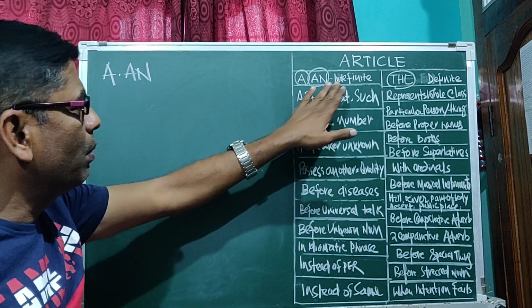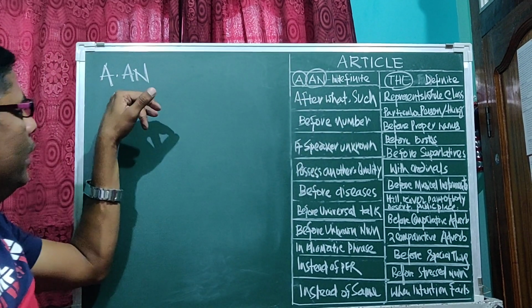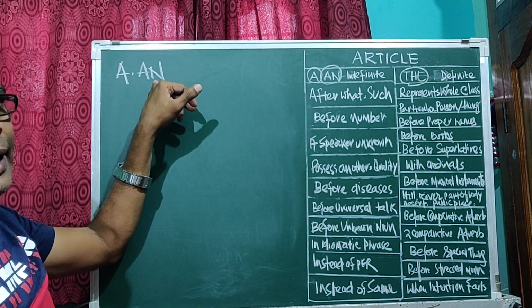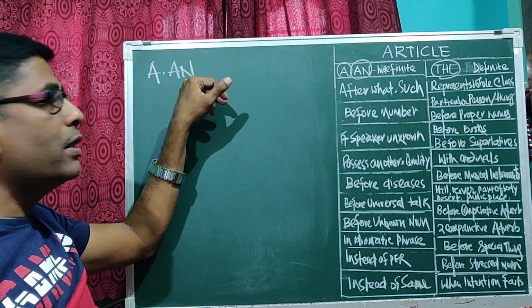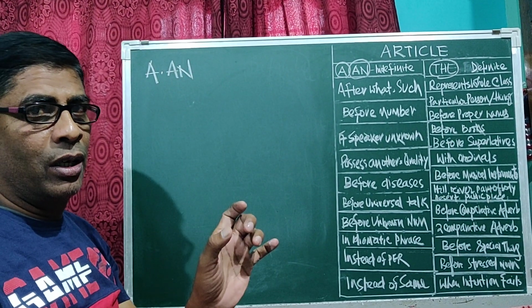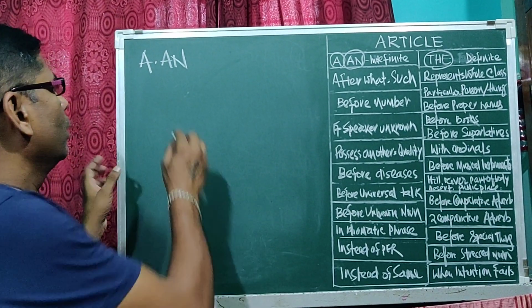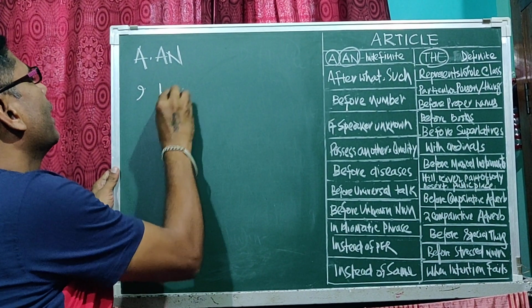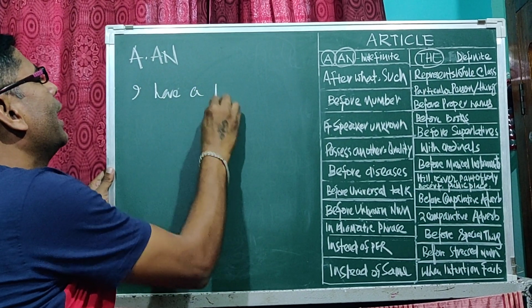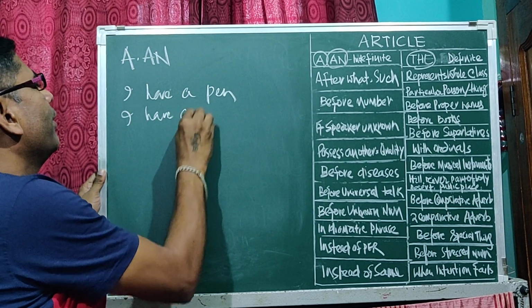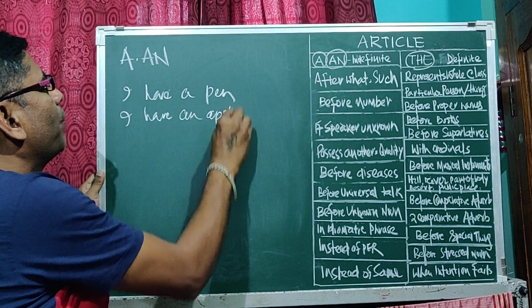Now we will discuss the indefinite article. In the indefinite article, we have two words, A and AN. It depends on pronunciation, which sound it comes with. Suppose I have a pen. I have an apple.